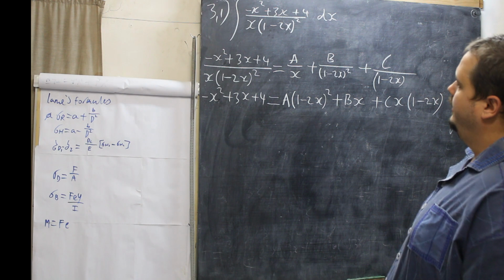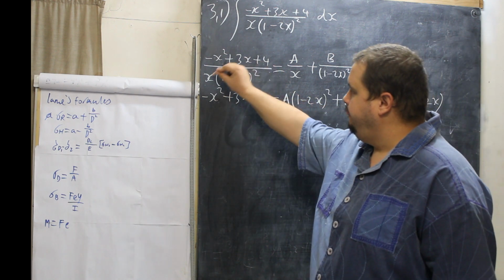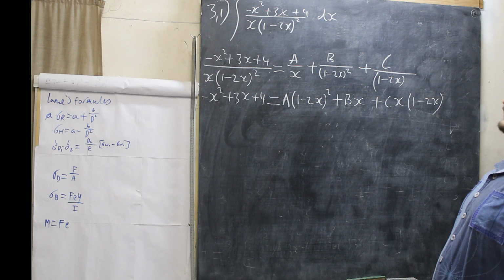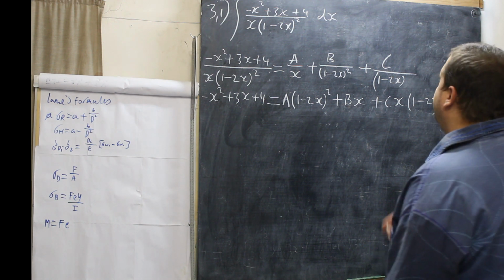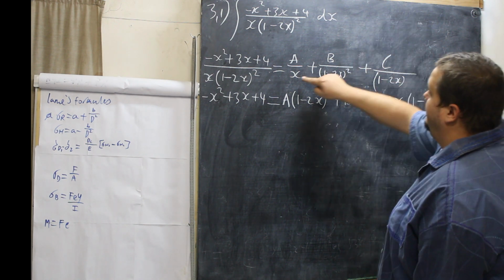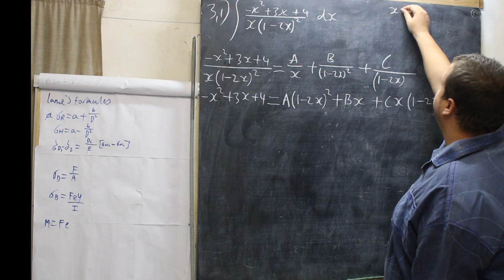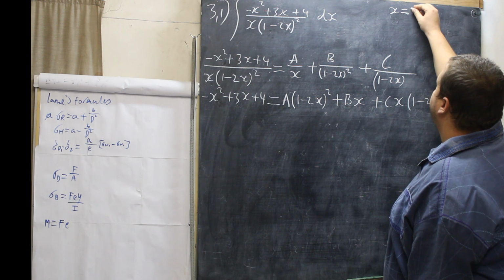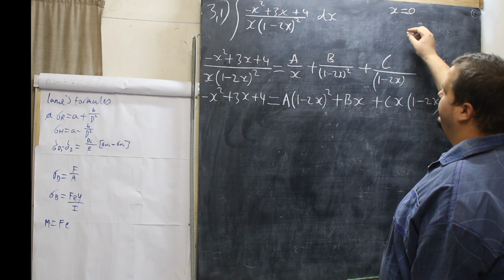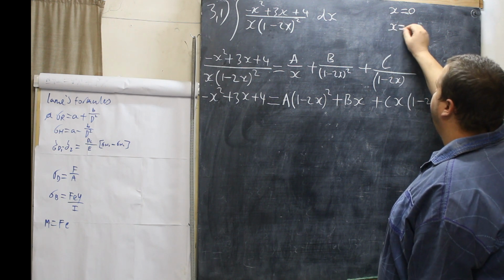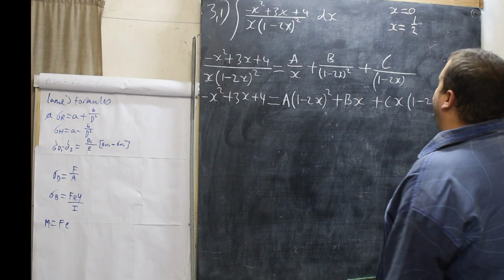Okay, now we look at our base and we see what x can be equal to. So, the first part of our base is x. So x is equal to 0. And now the next part of our base is x equals a half.